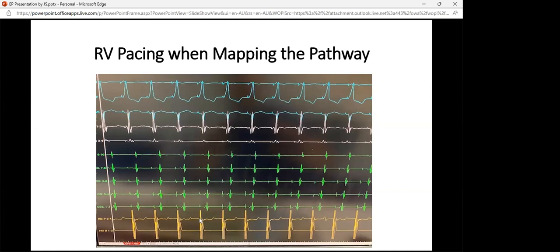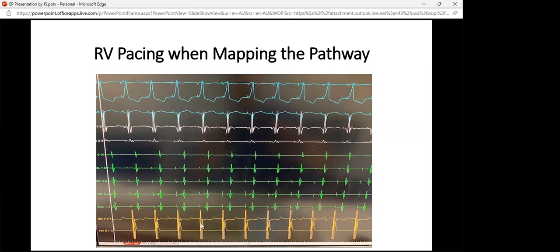We took the RV catheter out and we replaced that with the mapping catheter instead. So we didn't have to make another puncture in the leg. So in that sense, we use the His-Purkinje catheter to pace our ventricle.